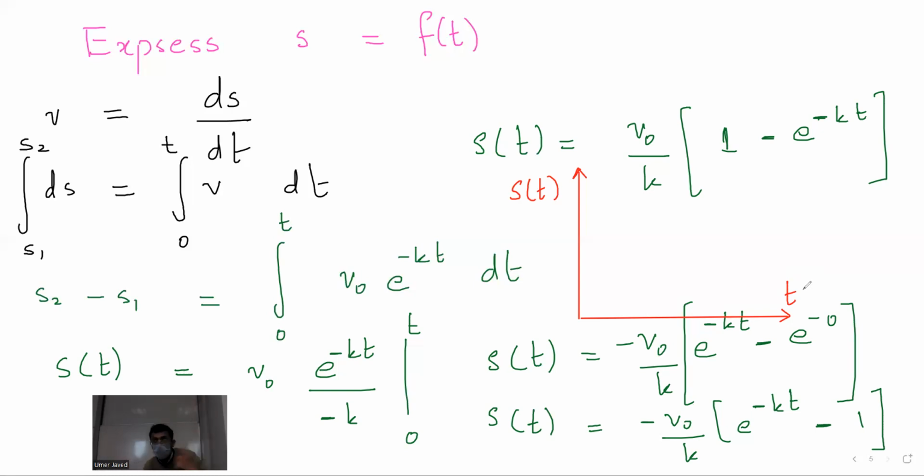If I were you and I have to make a plot, then I will put t equal to 0. E power 0 is 1. So this thing will give me a 0. And if t is infinity, then e power minus infinity will be a 0. 1 minus 0 will be 1. So as one of the students said that it will reach a threshold, I will just make the threshold like this.